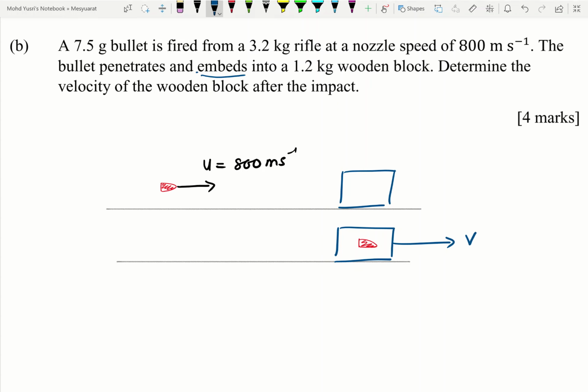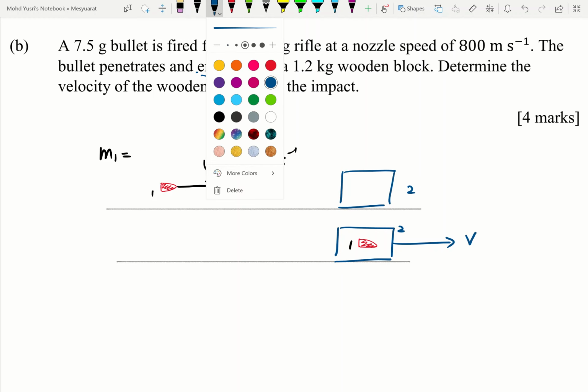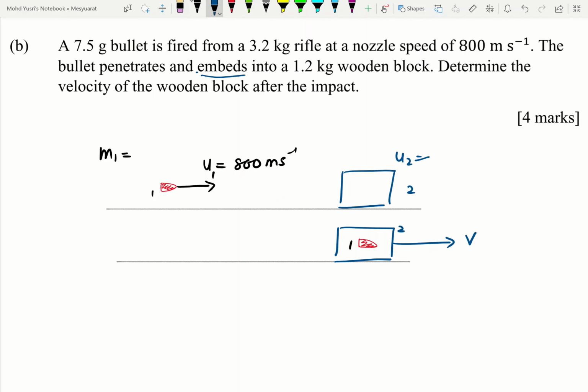So given that a mass of the bullet, let's say mass of the bullet is m1. Okay, this is 2. Okay, this is 1 and this is 2. Okay, let's make this as u1 and u2 is equal to 0 meter per second.